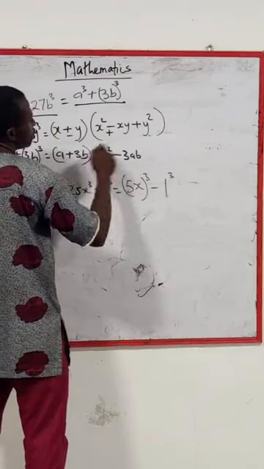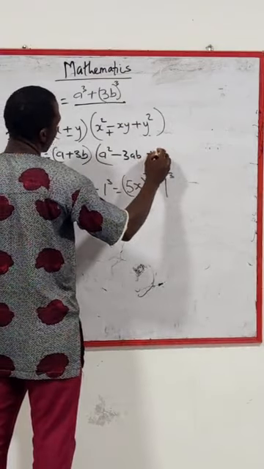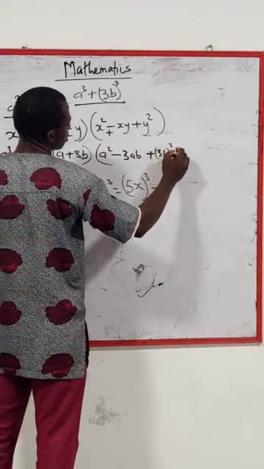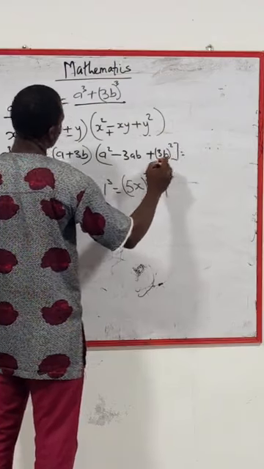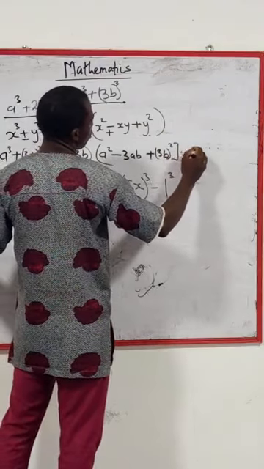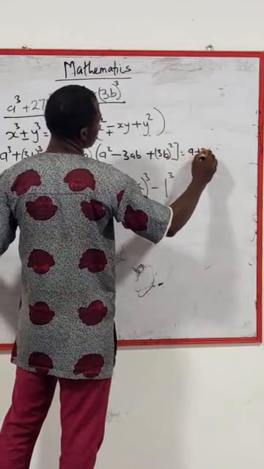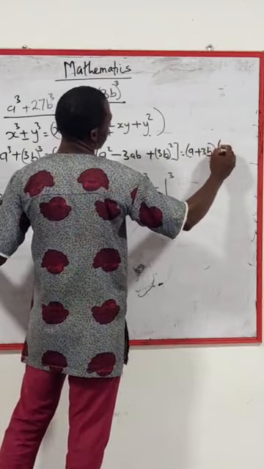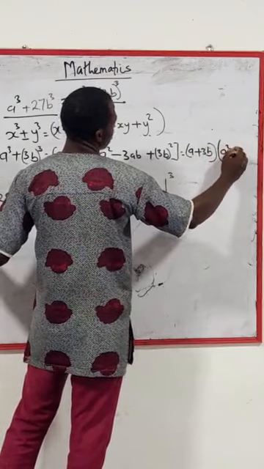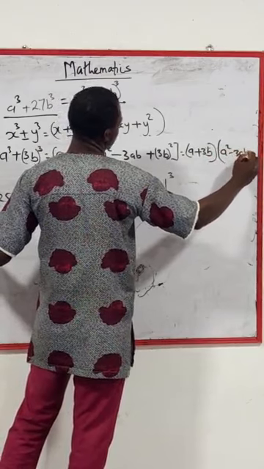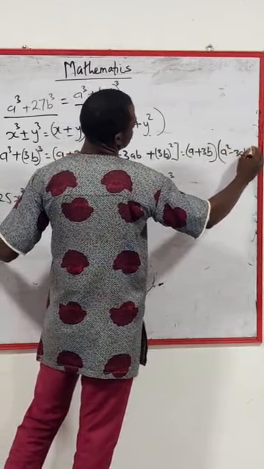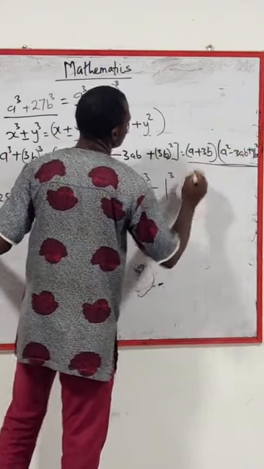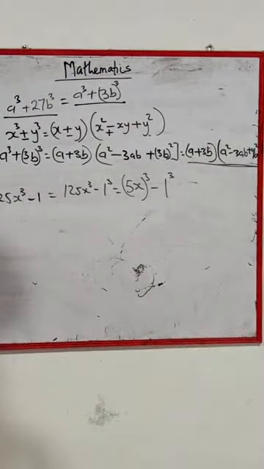Then the square term of this one will be 3b squared. So it will now be equal to open bracket a plus 3b close bracket, open bracket a squared minus 3ab plus 9b squared. So this is what we have as the answer.